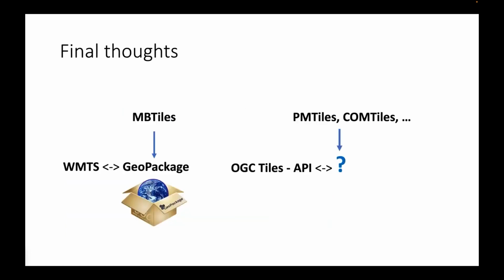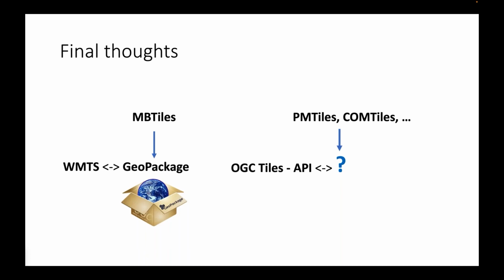Okay, and then one final thought. I think there are a lot of standards out there in the OGC which are standardizing stuff to do with tiles. For example, there's WMTS or GeoPackage, which evolved from MBTiles, and there is also the new API standard, which is called the OGC Tiles API standard. But I think there is still a standard missing for cloud-optimized tile archives.